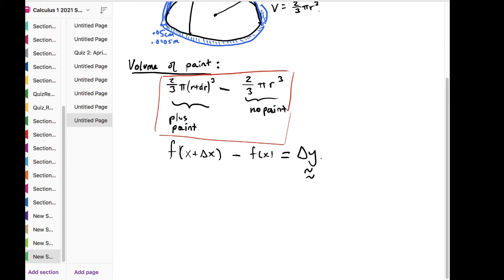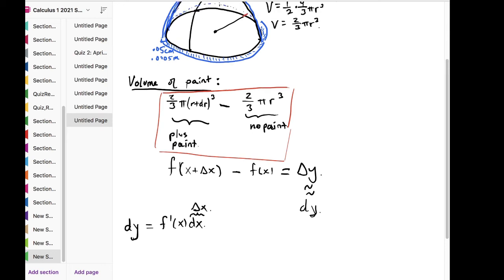So this is what it actually is, f of x plus delta x minus f of x. What is it close to? So what was our estimation for delta y? dy, yeah. And dy is f prime of x dx, where dx is delta x.